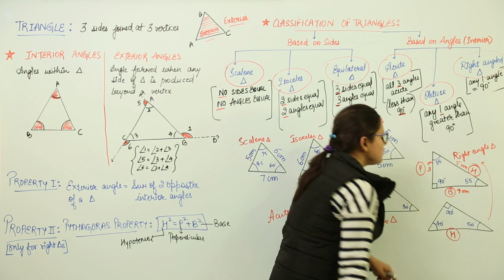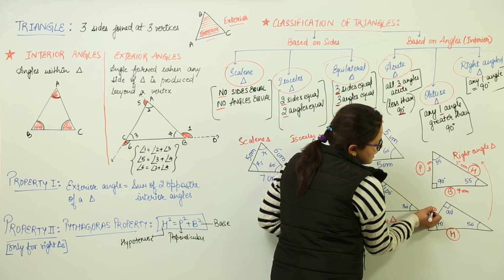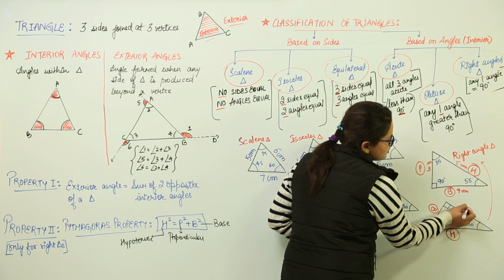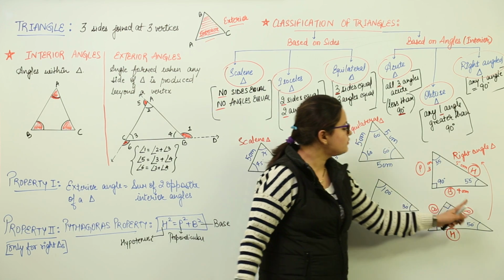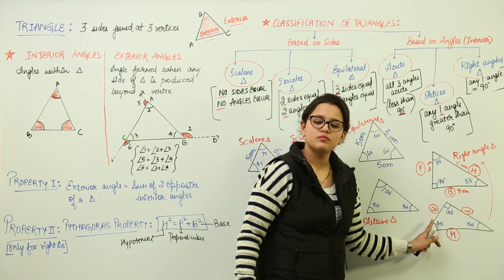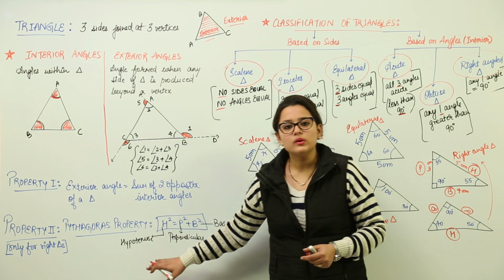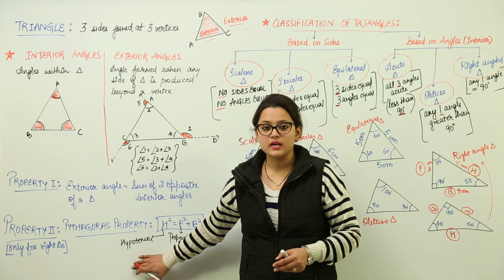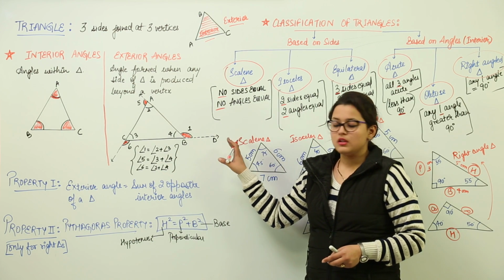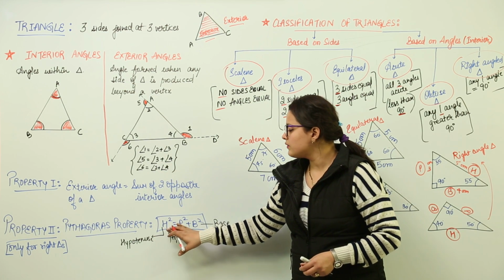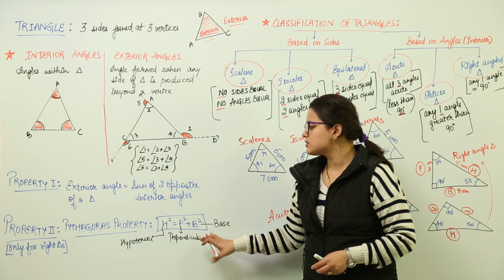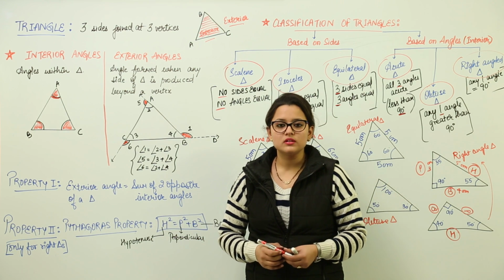So we write hypotenuse here. We can take this as the base, so the other one is going to be the perpendicular, or you could have taken that as the base, then this would have become your perpendicular. So Pythagoras property is valid only for right angle triangles, no other triangle. So for any right angle triangle, if h square is equal to p square plus b square, that will satisfy your Pythagoras property.